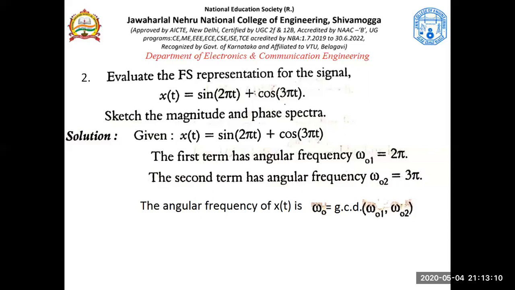No. Will 3 divide both? No. What is common there? Pi. So pi is the greatest common divisor. If you take pi, 2 times is 2 pi, 3 times is 3 pi. So pi is the greatest common divisor of omega naught 1 and omega naught 2, and that would become the angular frequency of x of t.